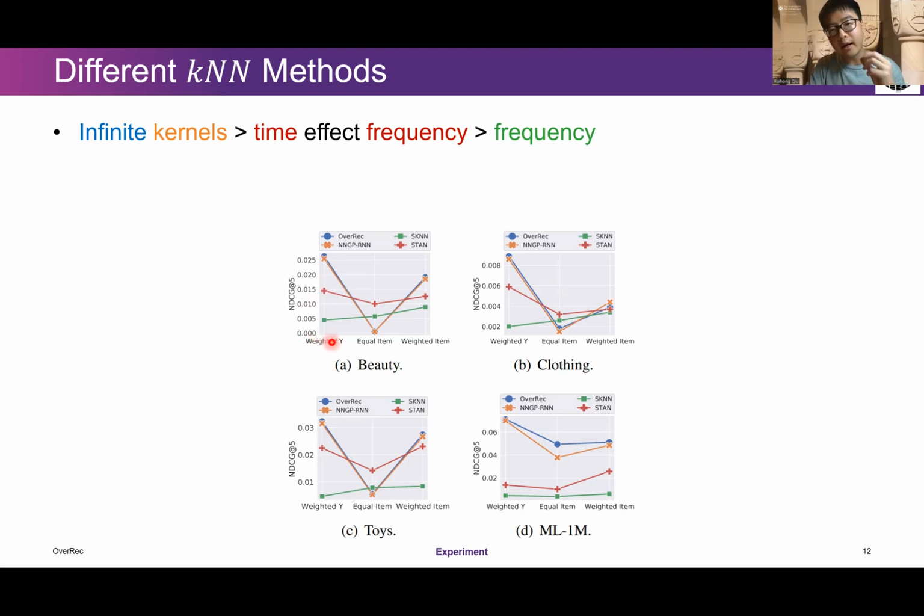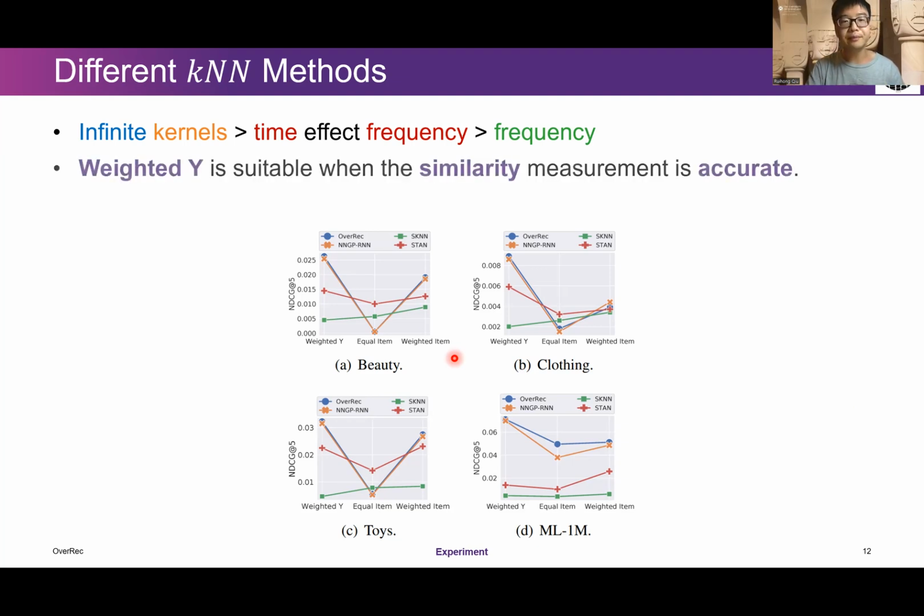The horizontal axis here means different types of KNN methods. For weighted Y here, it simply uses the last item as the prediction. And for the equal item, they simply use every item within the sequence to do prediction.